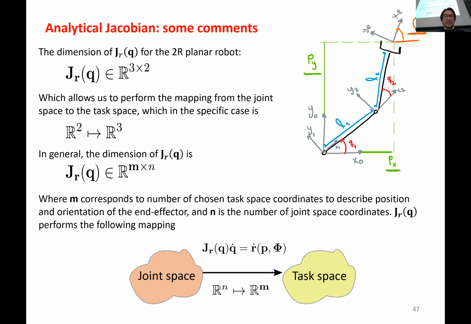So this is one of the issues in doing this symbolic computation for a large number of degrees of freedom: it easily becomes intractable. That's the reason for which we introduced the geometric Jacobian, because the geometric Jacobian you can always compute. Okay. Good.